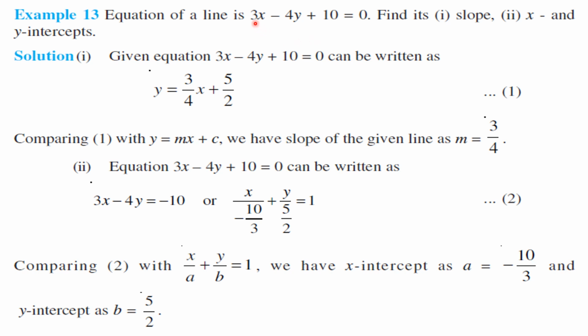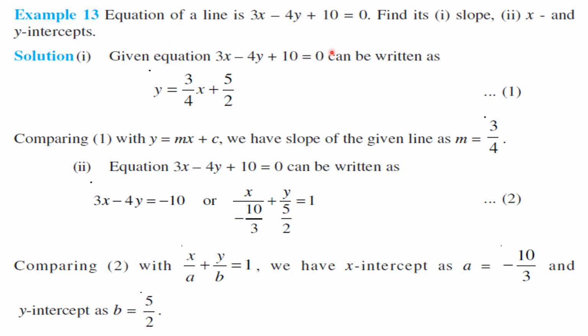The first term is the x term, the second term is the y term, and the third term is the constant, equal to 0. Remember these points, my children. And moreover, in general, we make the x term positive. Okay, my children. So this is a general equation of a line. It is given. Find its slope, x and y intercepts.